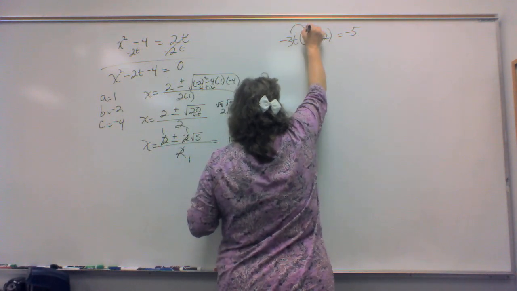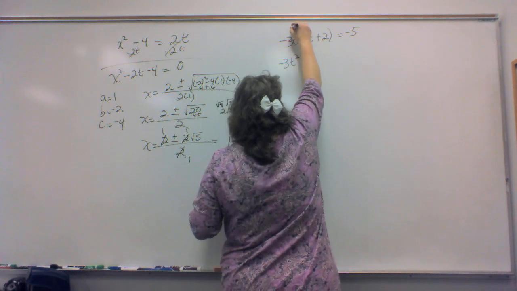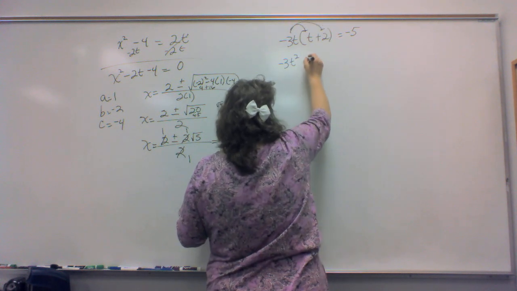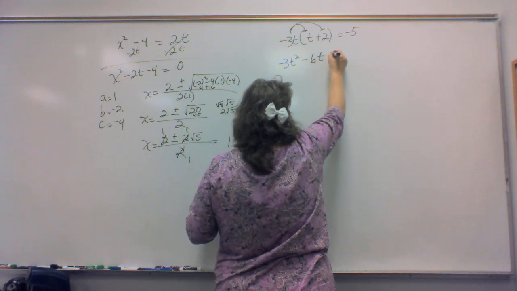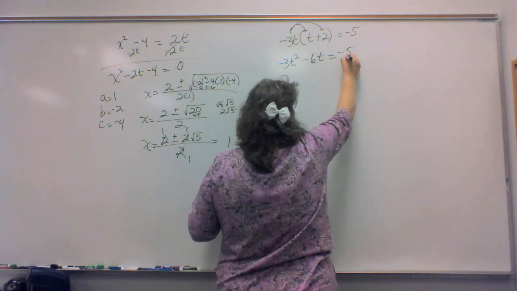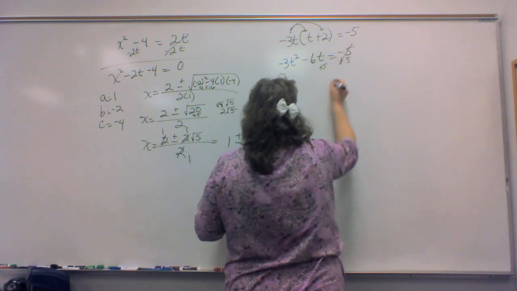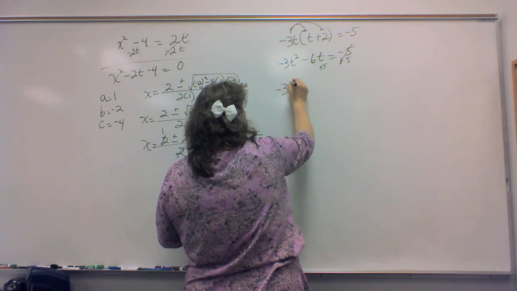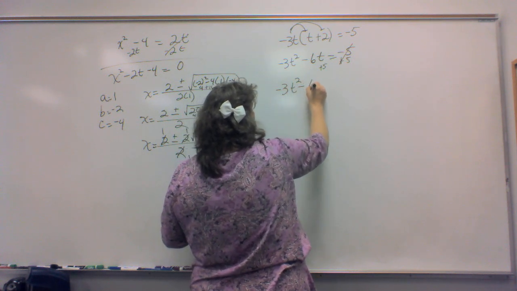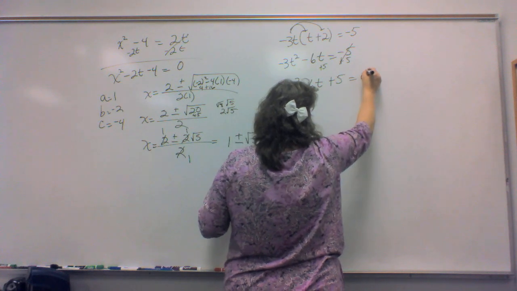So negative 3t times t is a negative 3t squared. Negative 3t times 2 is a negative 6t equal negative 5. Now, we're going to have to bring that negative 5 over to get it equal to 0. And you have negative 3t squared minus 6t plus 5 is equal to 0.